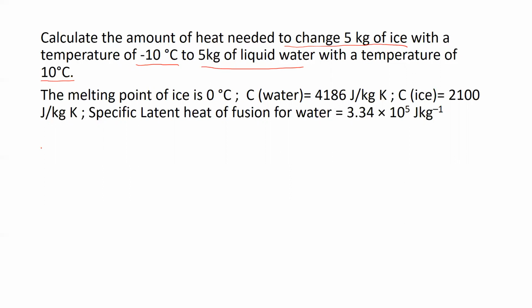Firstly, we need to see what's happening here. We have ice, and its temperature is minus 10 degrees Celsius, and we want to convert this to liquid water with a temperature of 10 degrees centigrade.